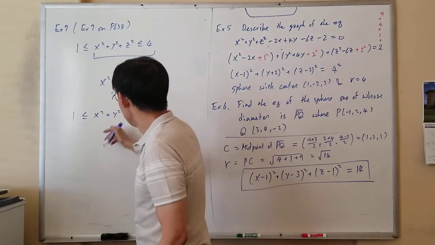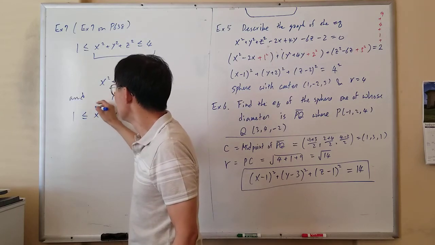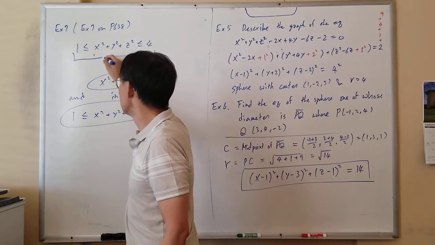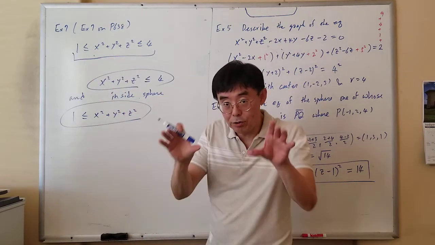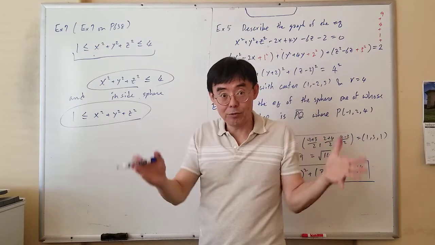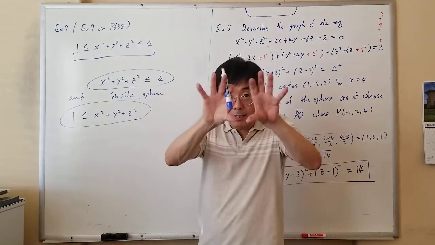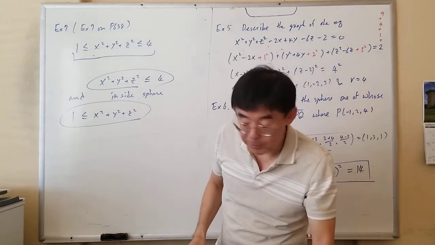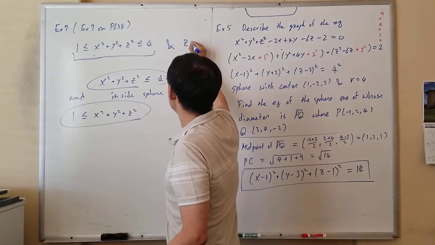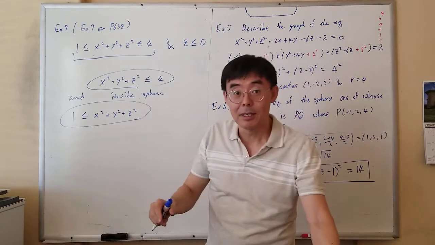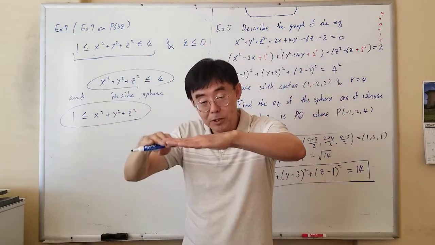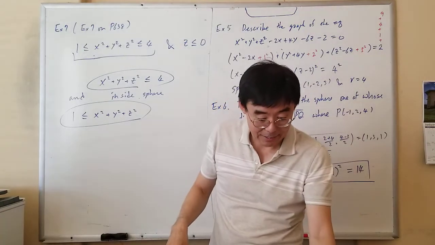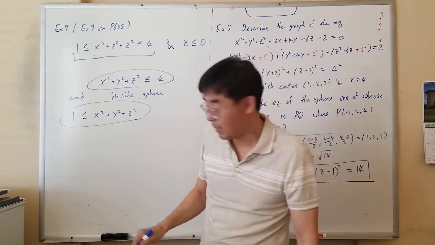You have to satisfy this and this together. That's how you get this. So it's between two spheres, radius 2 outside, radius 1 inside. This is the shell. But then the z coordinate is less than or equal to 0, below the xy plane. Alright? And that's what you see in the book, right?